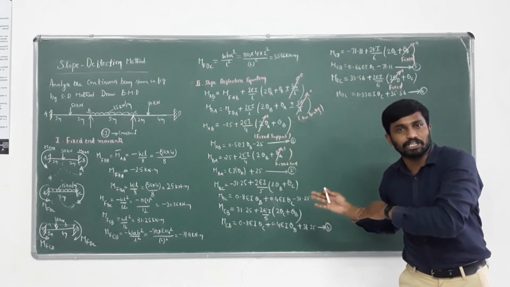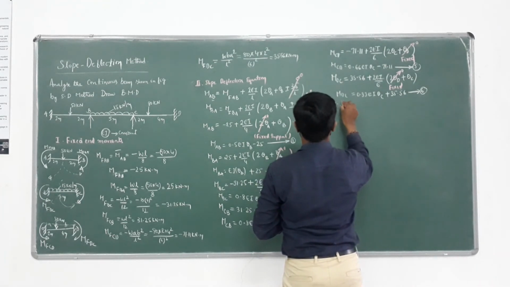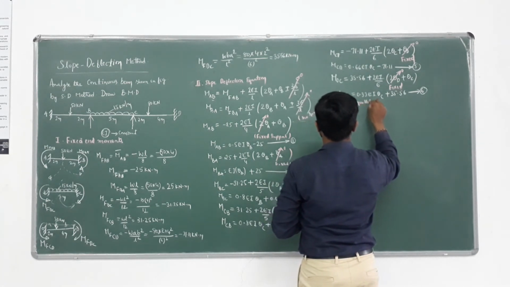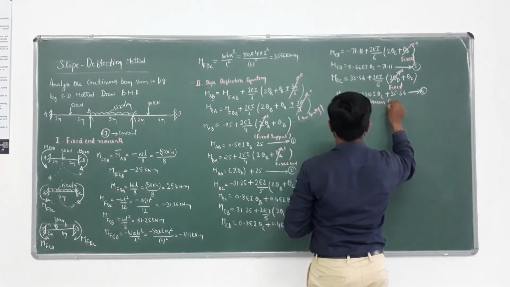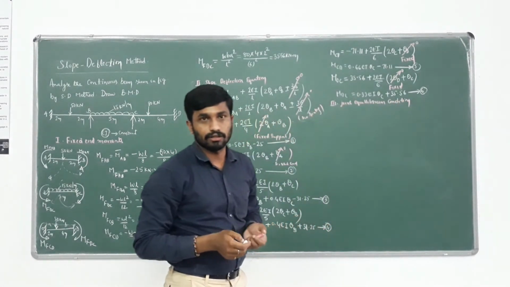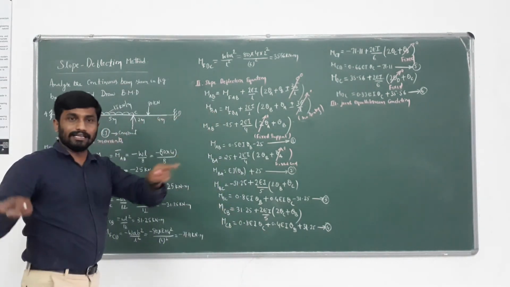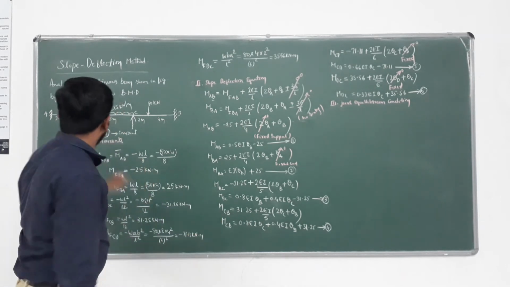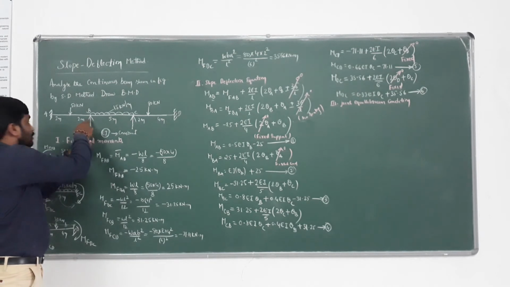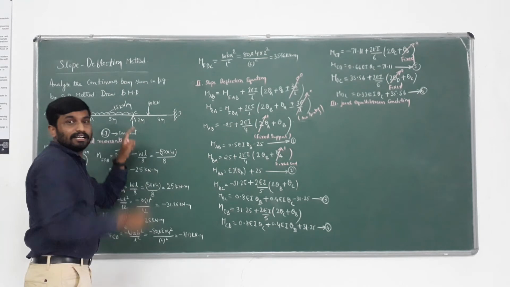Once we got the slope deflection equations, the next very important step is the joint equilibrium condition. Generally, for joint equilibrium condition, fixed ends are already in equilibrium. There is no joint equilibrium there. For intermediate B, we are having two spans. At joint B, BA plus BC. At joint C, CB plus CD.